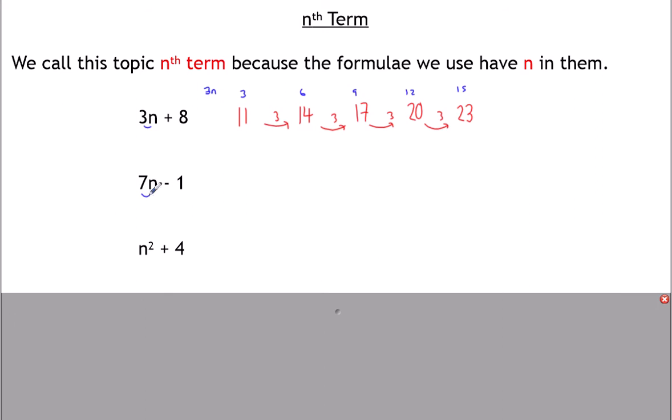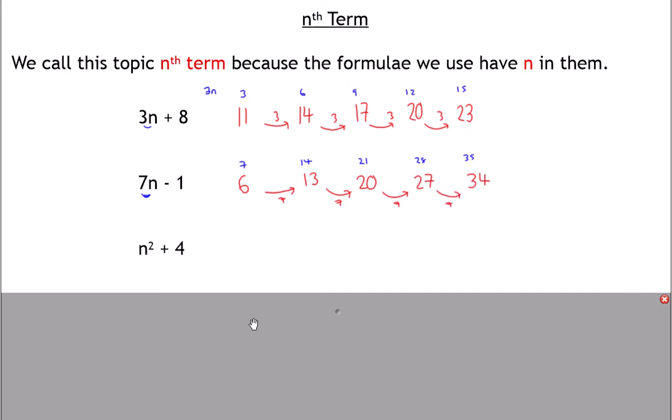For the next one, we're timesing by 7, so 7 times 1, 7 times 2, 7 times 3, 7 times 4, 7 times 5, and this time I've got to take away 1. So 7 take away 1 is 6, 13, 20, 27, and 34, and if I've done it properly, it should still be going up in 7s because of the 7 times table that I used to start with.